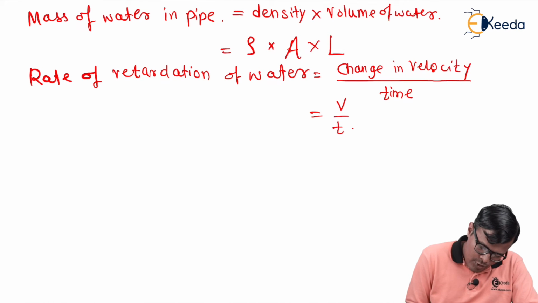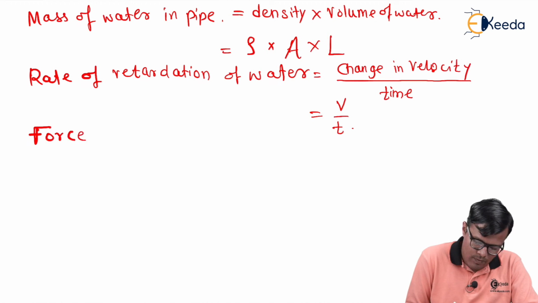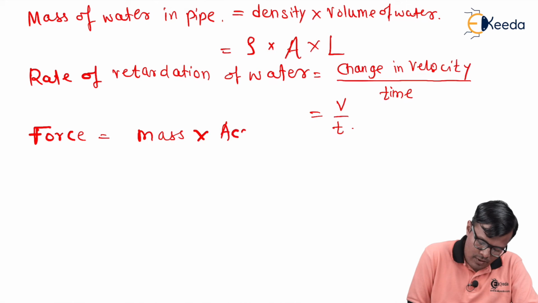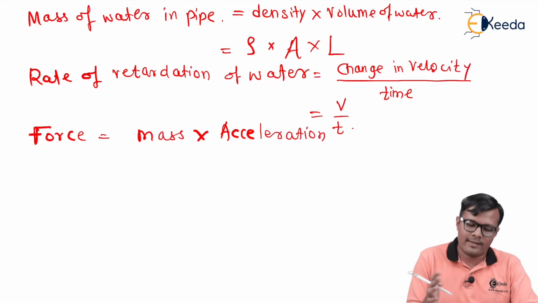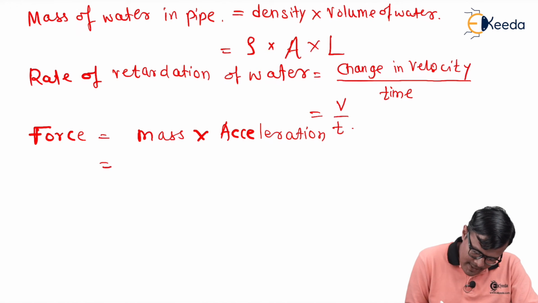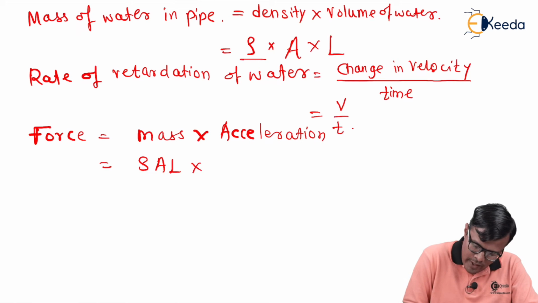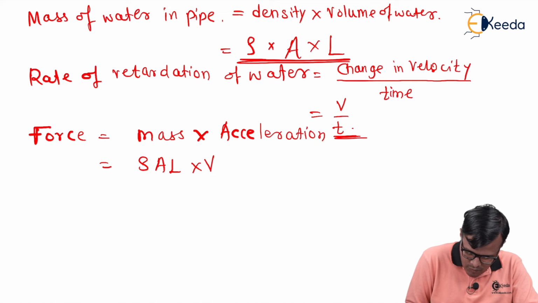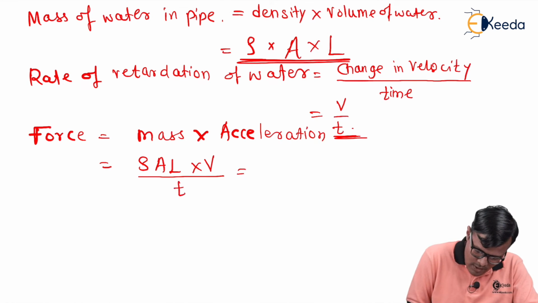So basic formula to calculate force is mass into acceleration. In our case, it is a deceleration. So mass is rho AL, and deceleration is v upon t. So this is rho AL v upon t.